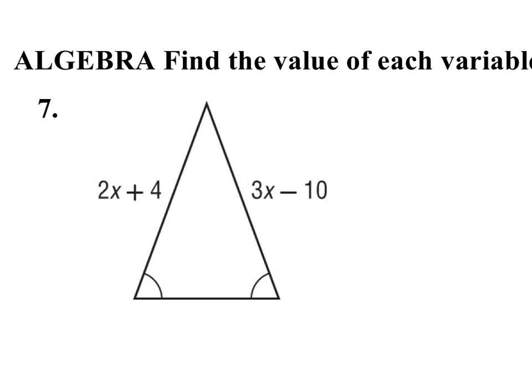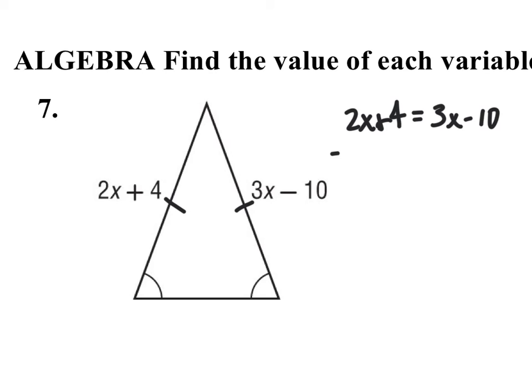In examples 7 and 8, they want us to find the value of each variable. In this problem, I know that these two base angles are congruent. So if these two base angles are congruent, then these two side lengths here have to be congruent. If those two segments are congruent, then I can set up an equation with 2x plus 4 equal to 3x minus 10.